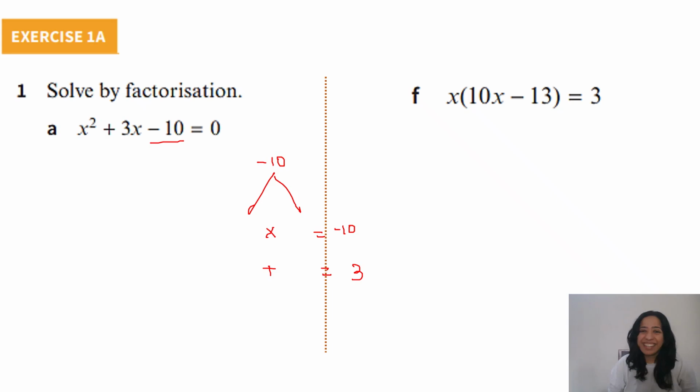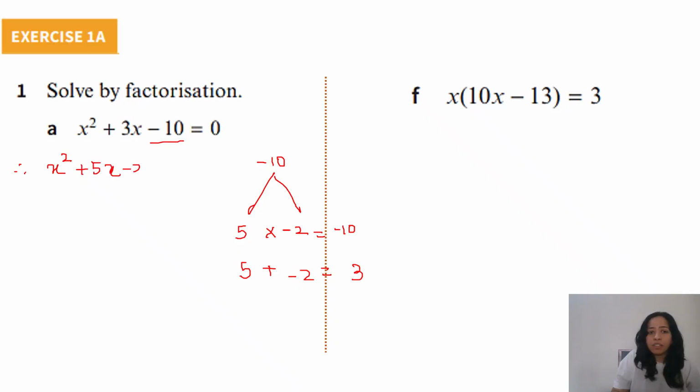Okay, perfect. So let's continue. The two factors which you should have got are 5 and 2, but one of them is negative, and that is 2. So 5 and minus 2, isn't it? Yes, perfect. Let me show you the steps over here. It's x squared plus 5x minus 2x minus 10 equals 0.